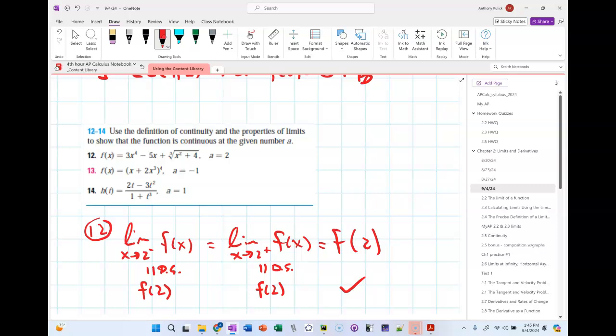Alex? What would f of 2 have to equal for it to not be continuous? Well, if any one of those equalities failed at any of those spots, if it was something other than f of 2, or if f of 2 was undefined, well, you couldn't do direct substitution for the limit if f of 2 was undefined.